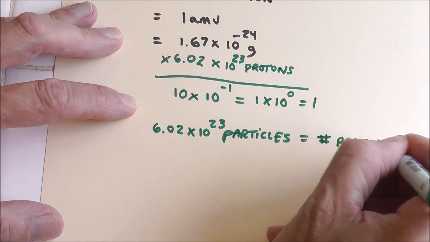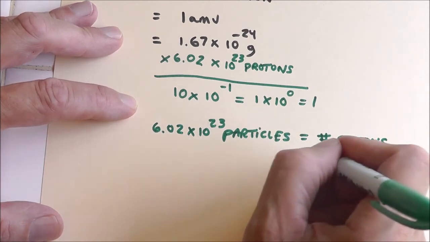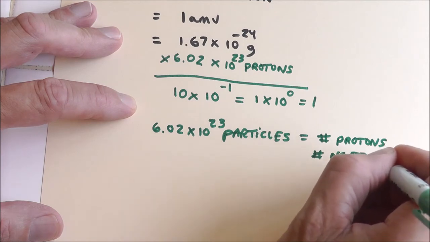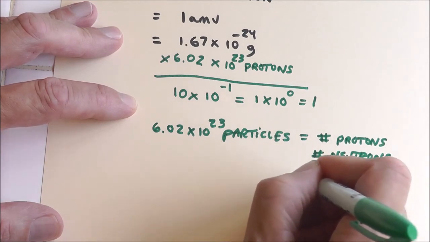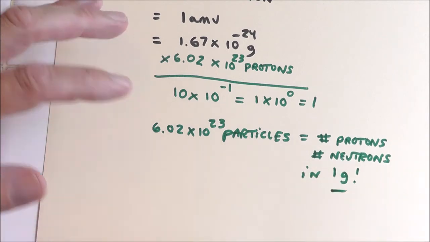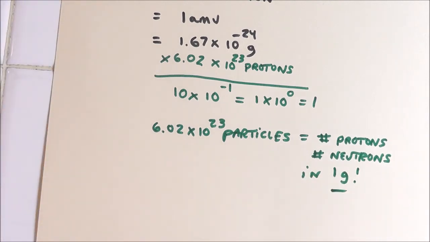protons, all right, number of protons, the number of neutrons, because remember that was what we called an AMU, in 1 gram. So a gram of protons and a gram of neutrons is going to be 1 mole, and so we call that 1 mole.